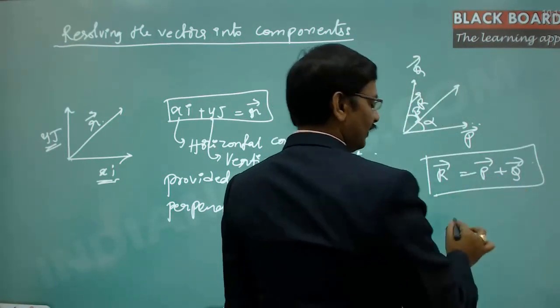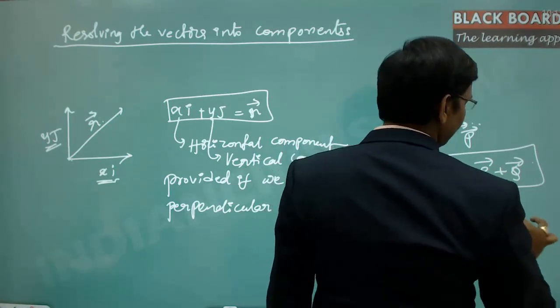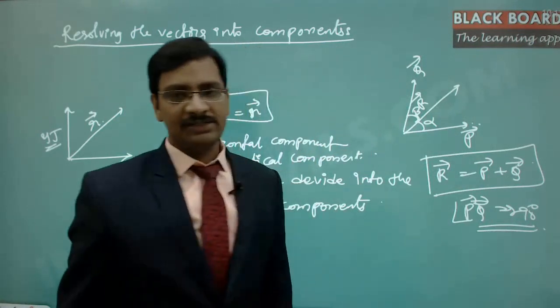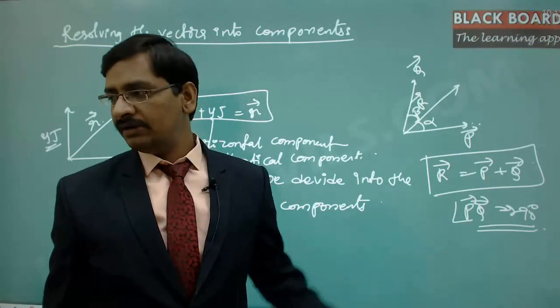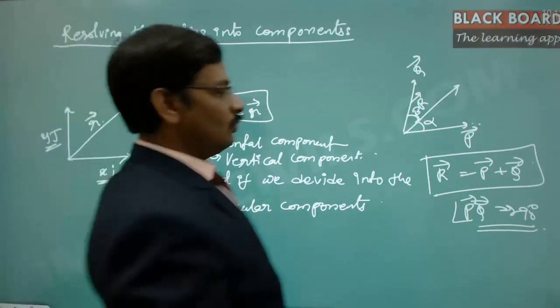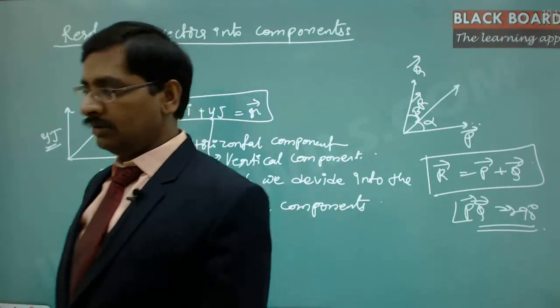Suppose the angle between p and q is 90 degrees, then we say that it is the perpendicular component of the vectors. What if it is not equal to 90 degrees? Can we divide the original r vector into two other vectors which will give the same result but may not be in the perpendicular direction? Can we do that?